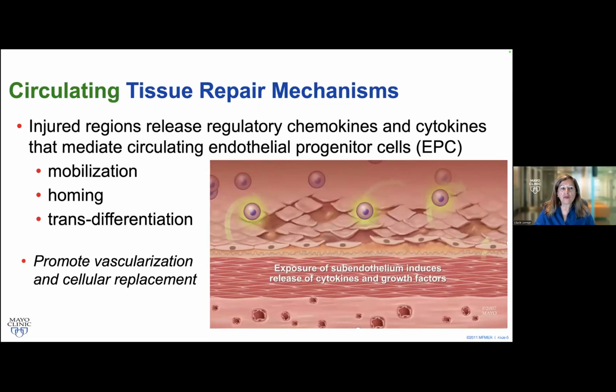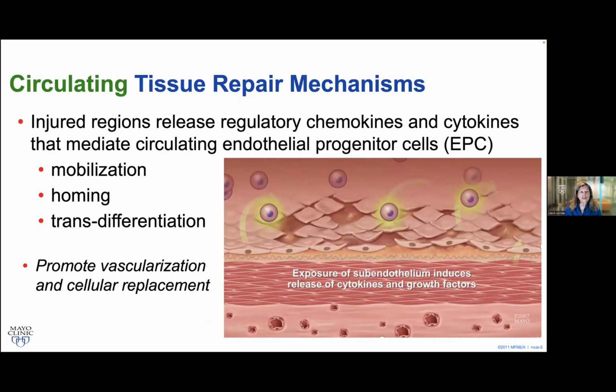When regions in the body are injured, they release regulatory chemokines and cytokines that mediate the mobilization, homing, and transdifferentiation of bone marrow-borne endothelial progenitor cells, also called EPC. Those EPCs can promote vascularization as well as cellular replacement of injured endothelial cells.